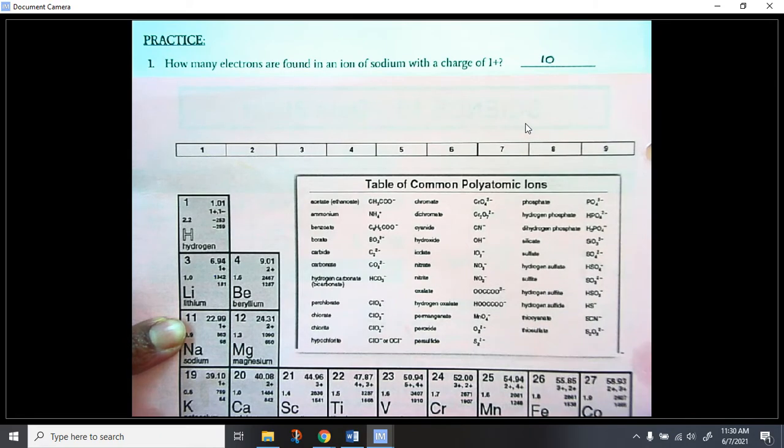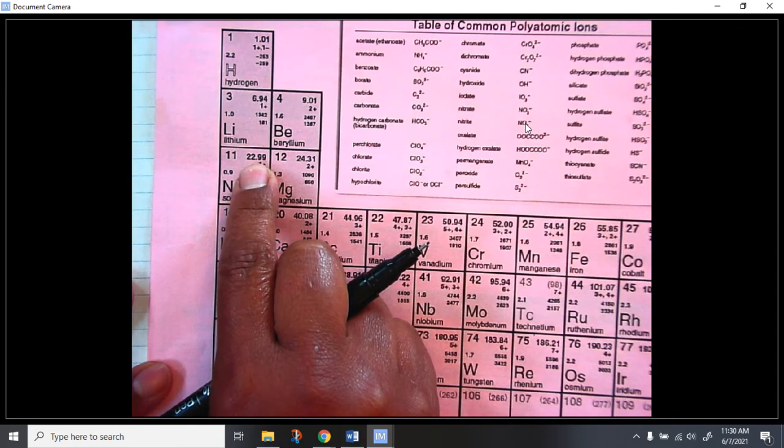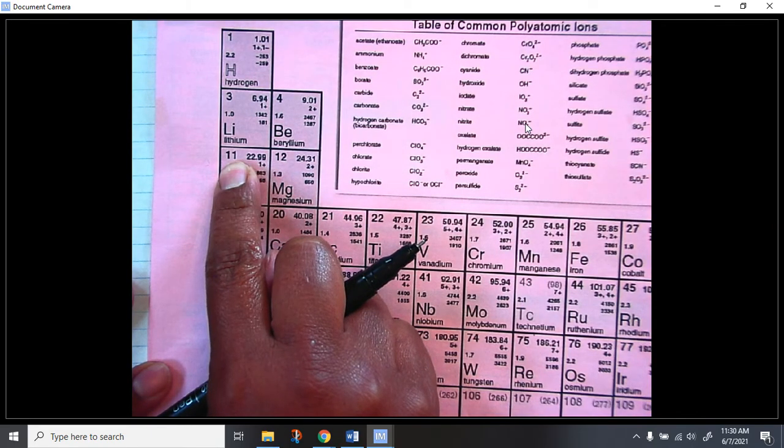Now, if you find that confusing, let's think of that in terms of a Bohr diagram. Sodium is number 11, so the neutrons would be 23 minus 11, which is 12.